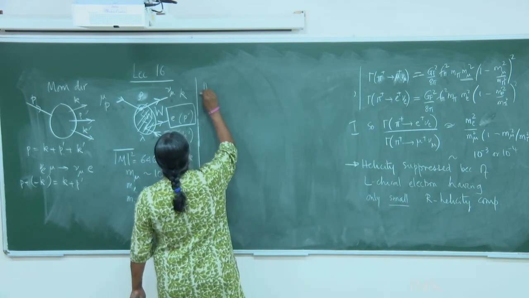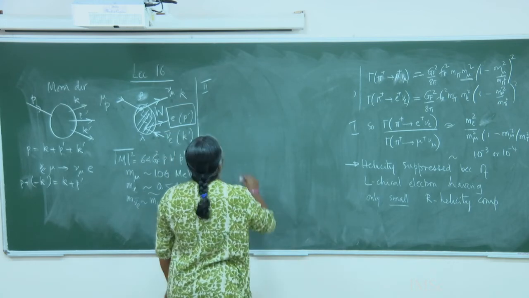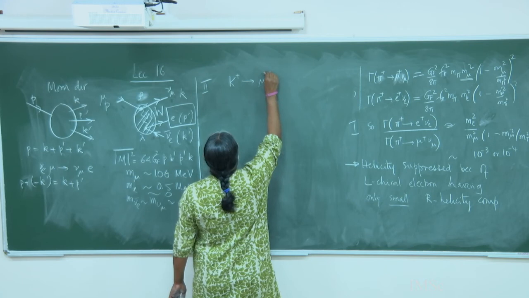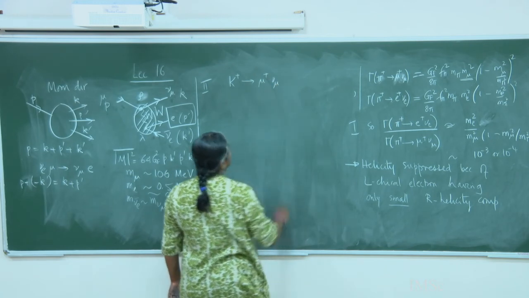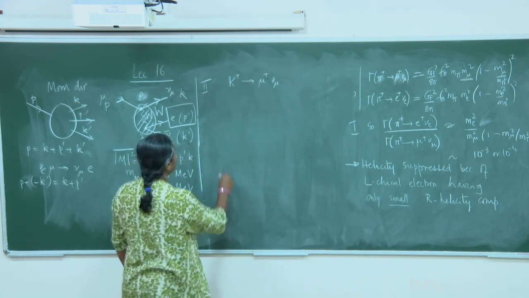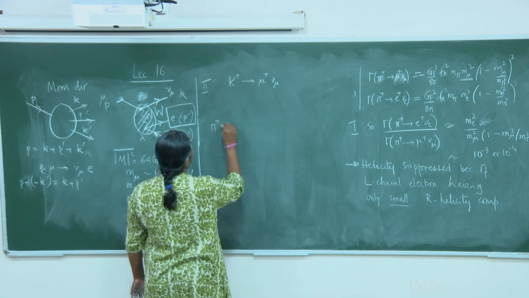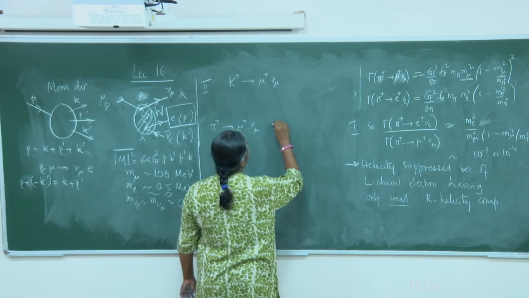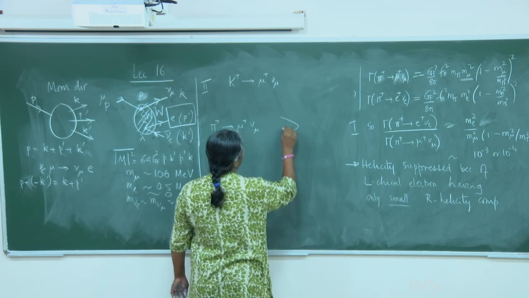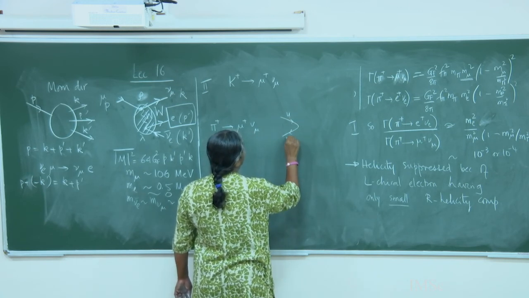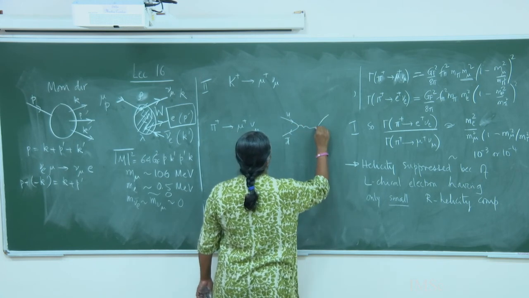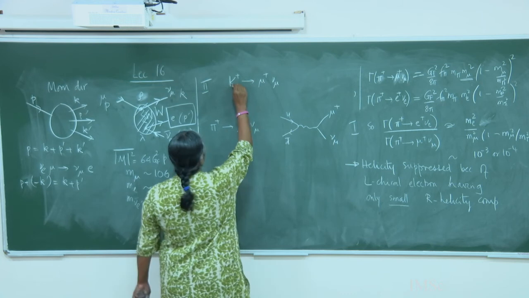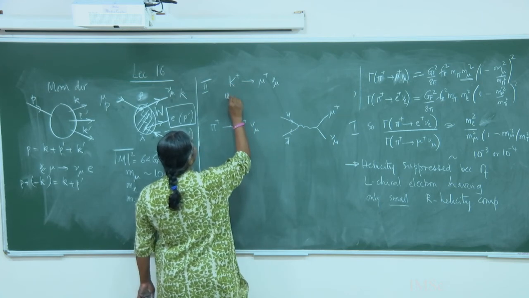The second statement is that, let me look at now for pi plus going to mu plus nu mu, I wrote in some sense u d bar goes to mu plus nu mu, but K plus is u s bar.